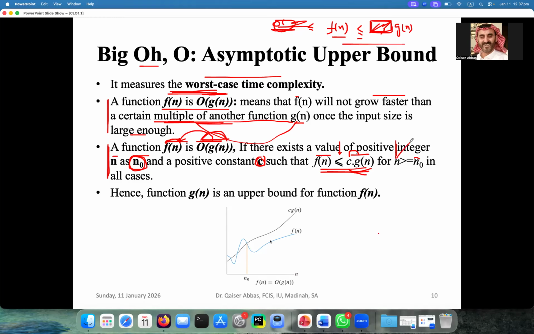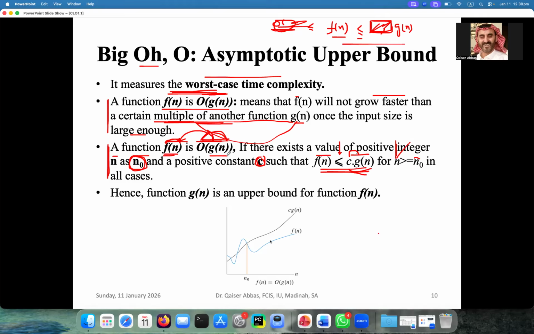And if this equation holds, then I can say that f of n is big O of g of n. In mathematics, you will get some equations for f of n and some equations for g of n.